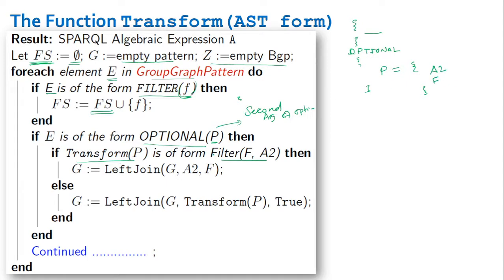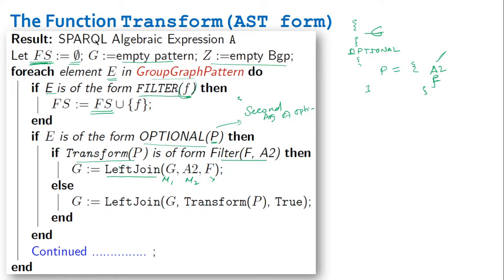So in that case, this is a filter kind of left join, right? So that will be converted to a left join operator which is having this as a graph. So G, we take out this A2. So this is your A2, this is your M1, M2, and this is the filter condition, which is basically this one, right?